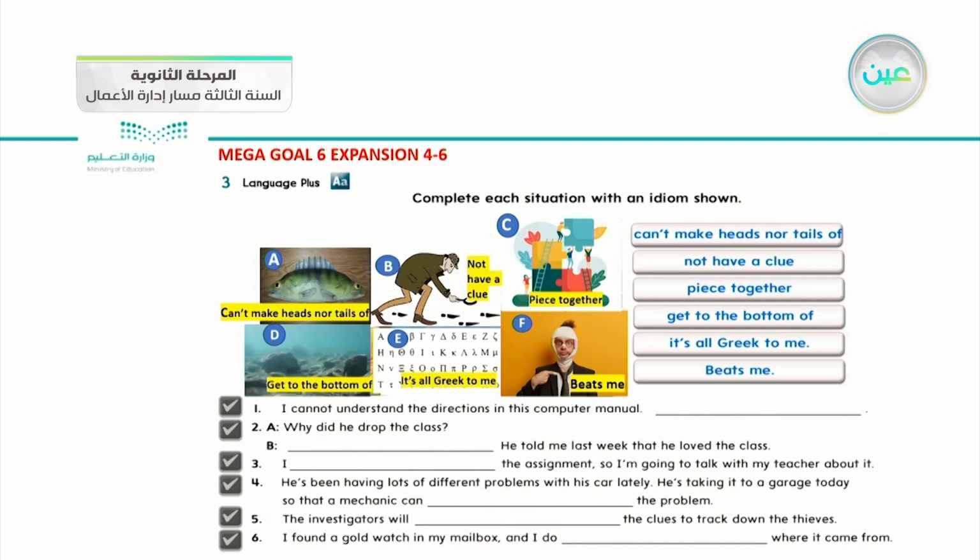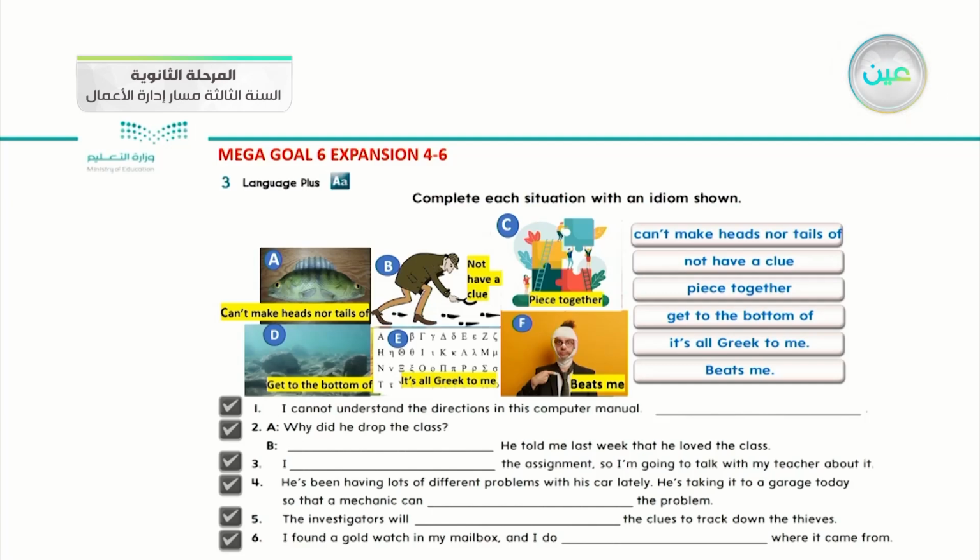And we will go to letter D. Get to the bottom of, which means reach the bottom of, and that we apply with this picture, deep at the bottom of seas or oceans, etc. And letter E, it's all Greek to me. There are some Greek letters in that picture that we can talk about.